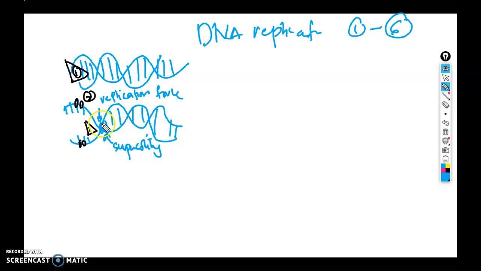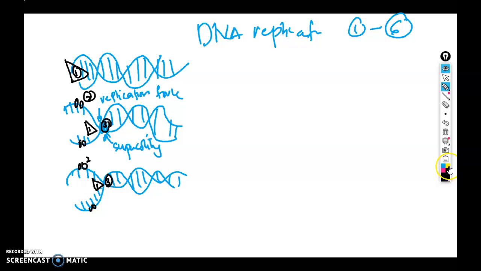This supercoiling will be released by topoisomerase, and the strands become like this, without supercoiling. Number 1, number 2, and then number 3.